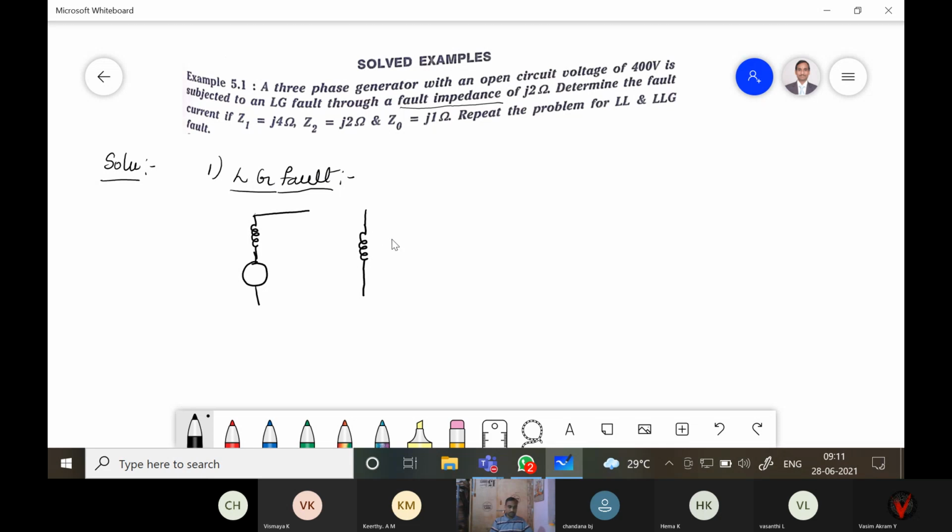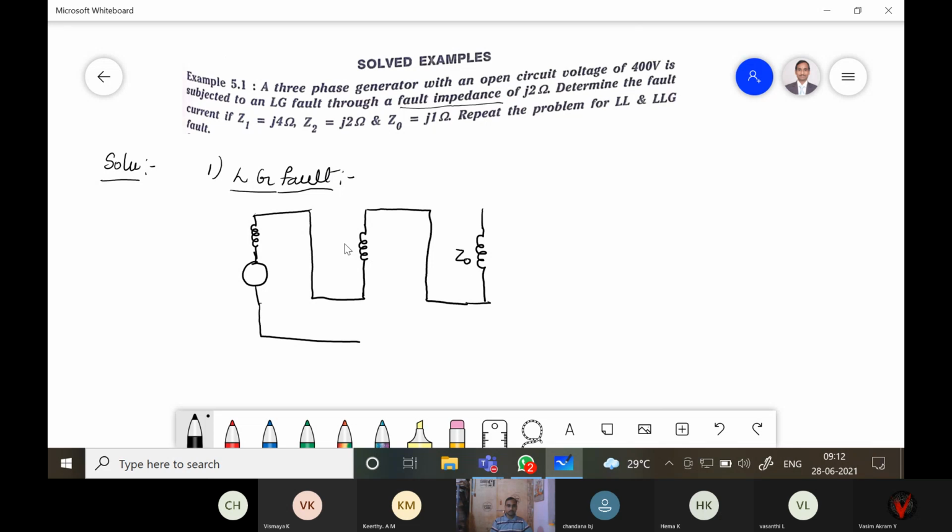Second one is the negative sequence network. So reference bus, and in that reference bus, the zero sequence impedance, that is called Z0.